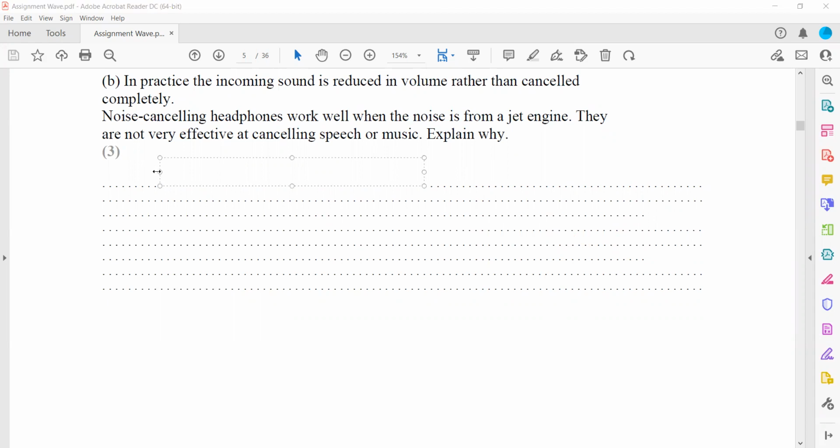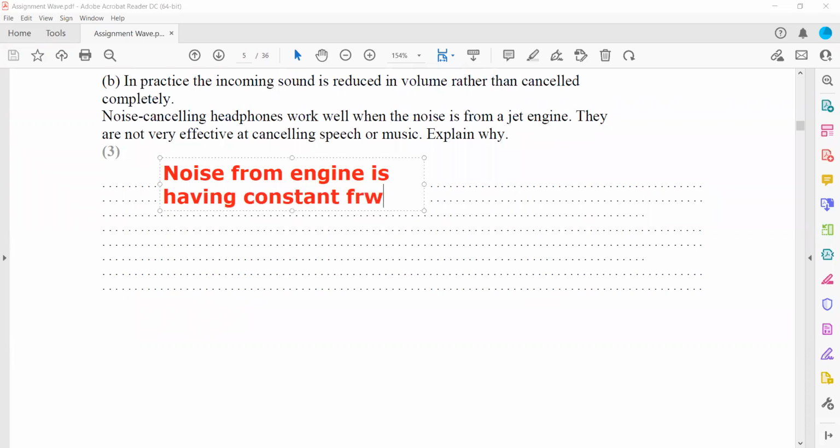So the noise from the engine has a constant frequency, or you can say pitch or loudness.